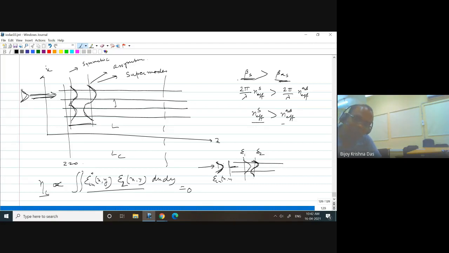So even though it can support a first-order mode, that will not be coupled. No energy will be transferred; only the fundamental mode will be coupled. However, if you can manage your input beam a little bit laterally shifted, then this value will not be equal to 0. So the fundamental as well as the first-order mode can be coupled.